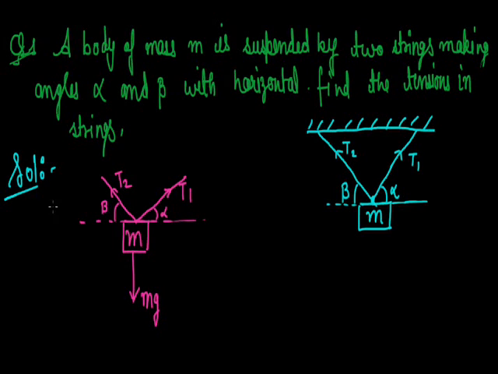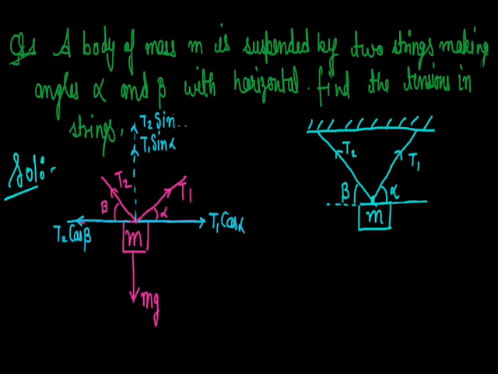Now by taking the components, the horizontal component of T1 will be T1 cos alpha and the vertical component of T1 will be T1 sin alpha. Similarly, the horizontal component of T2 will be T2 cos beta and vertical component of T2 will be T2 sin beta.